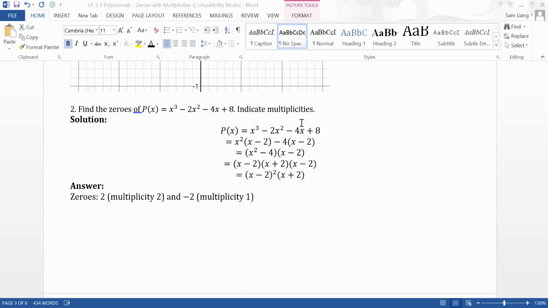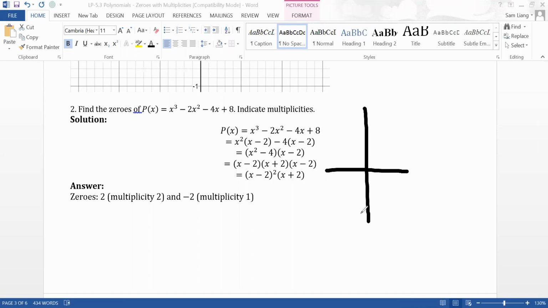Okay, and this actually allows us to draw this graph without making the intervals. So for your homework, you don't have to draw the intervals anymore. You don't have to test the numbers, because with the information that we saw in that diagram, with the multiplicities, we know how the graph behaves at each x-intercept. So let me draw this really quickly.